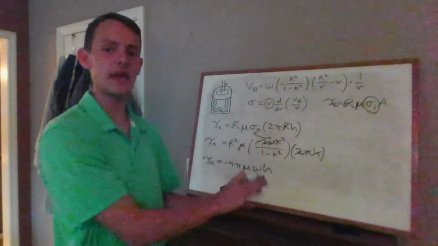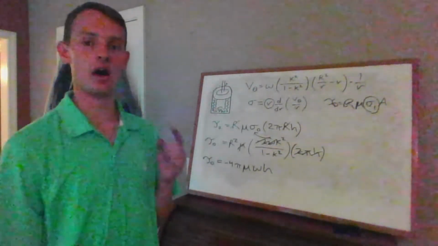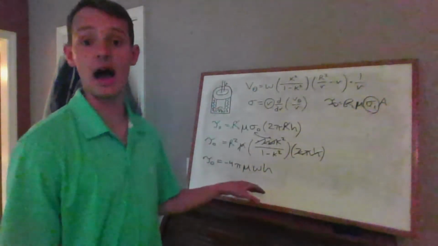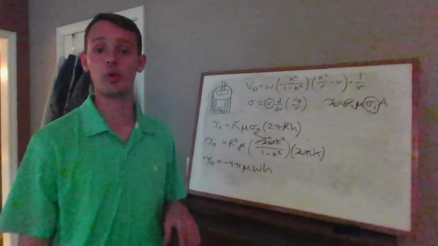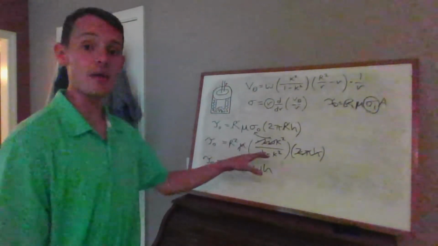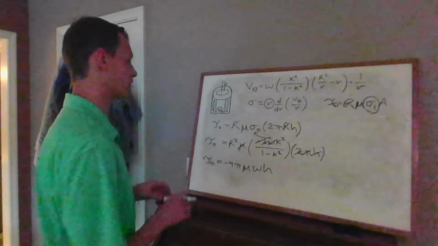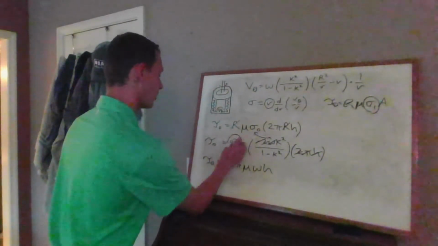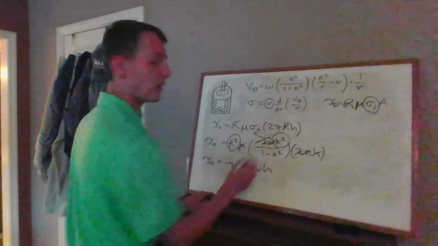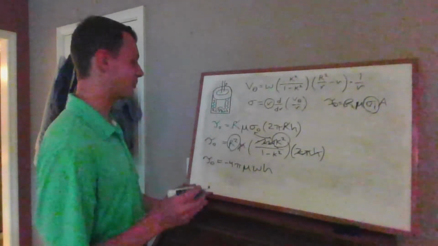Well, we remember we had the 1 minus k squared in our denominator for our expression for the torque on the inner cylinder. So that's good that we have that for the torque on the outer cylinder. But we see this multiple, r squared multiplied by k squared. This is better than you think.